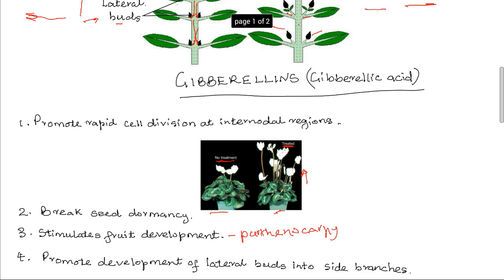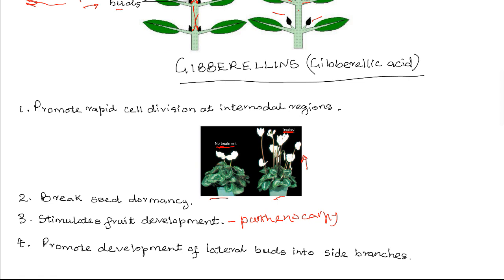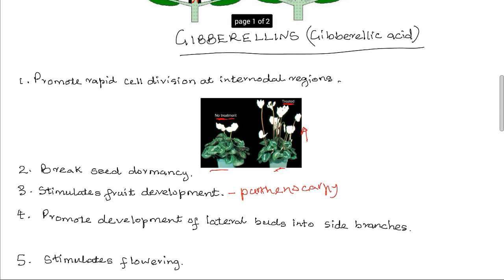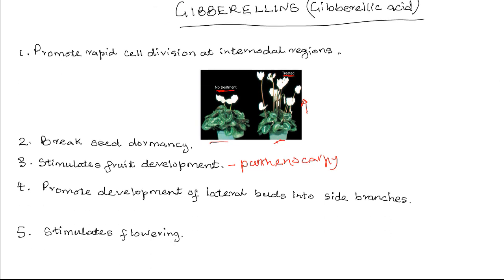Another effect of gibberellins is that it promotes development of lateral buds into side branches. So where we have a high concentration of gibberellins, a plant will tend to grow sideways because of the development of the lateral branches from the lateral buds.